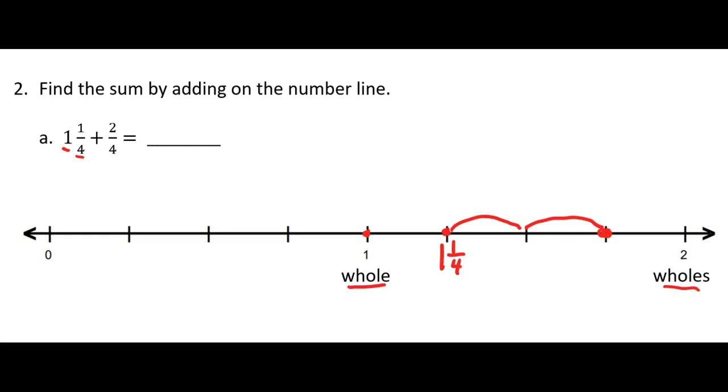Now to label that, I would say I'm past 1 whole, but I'm not quite to the 2 wholes. I'm 3 pieces past the whole. Each section is a 1/4. I can highlight that to show you that I am 3/4 past that 1 whole, so it's a little bit easier to see why my sum is 1 3/4.